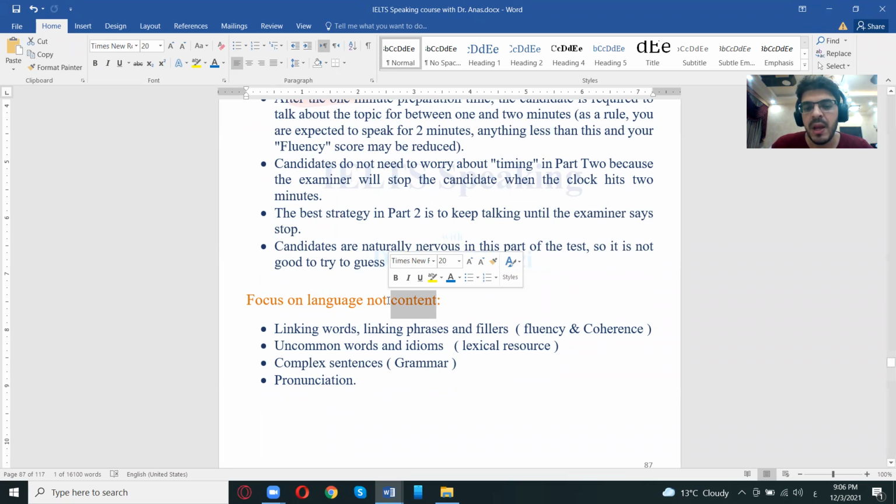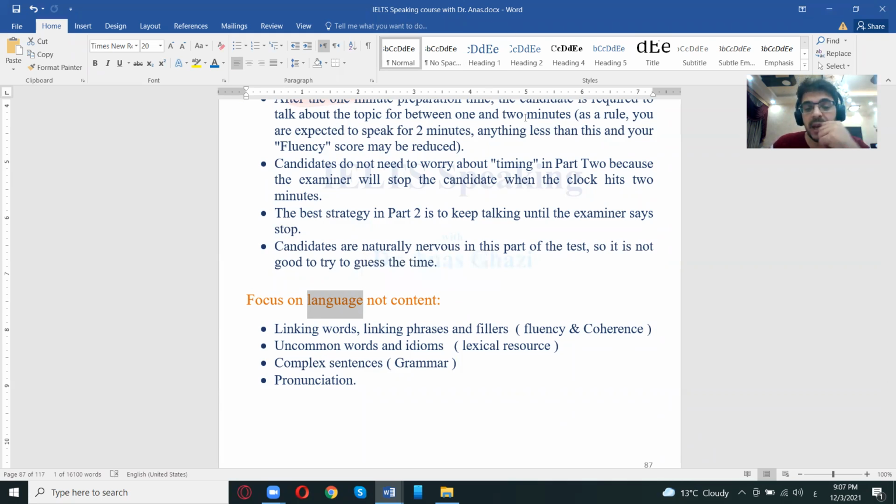For example, if the examiner asks you, do you like swimming? It does not matter whether you say yes or no. This is not the important thing. It's about the language. The most important thing is not what to answer, it's how to answer it.